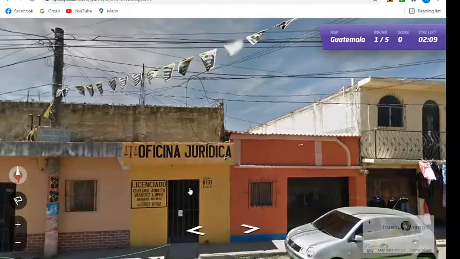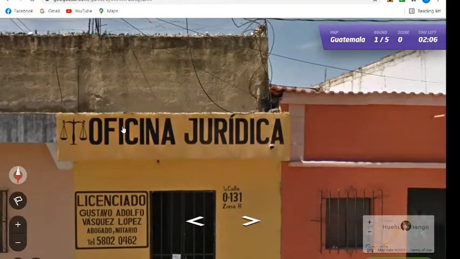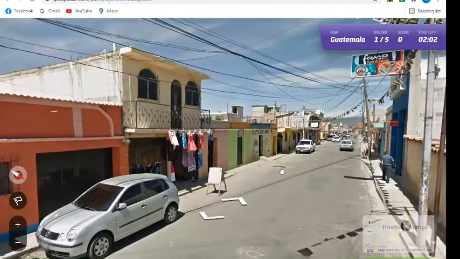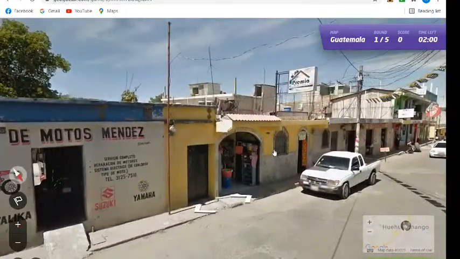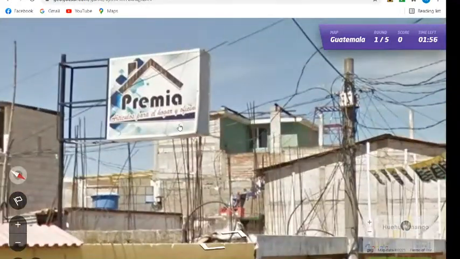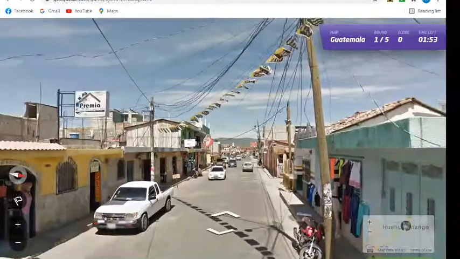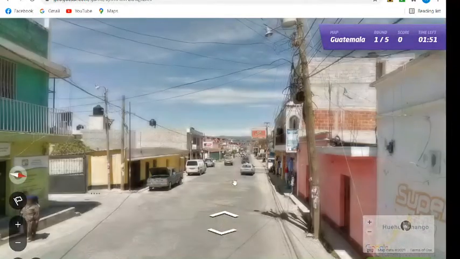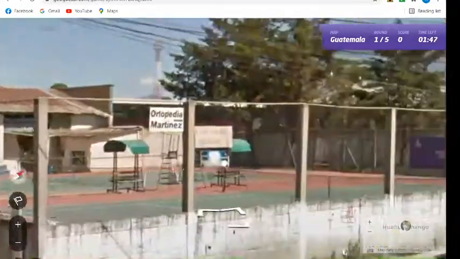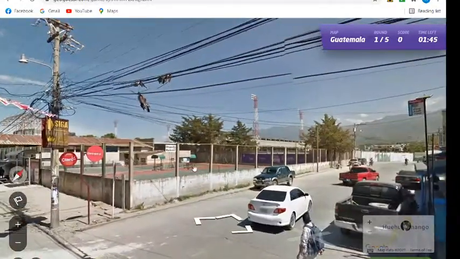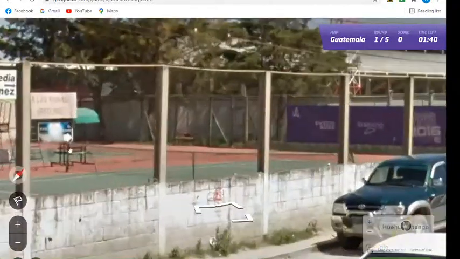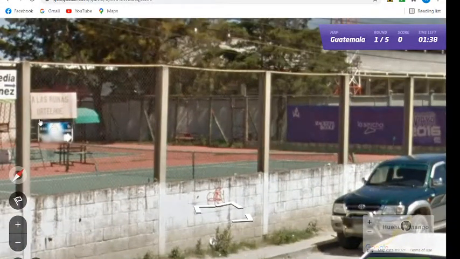Okay, we're seeing, for instance, here Oficina Jurídica, the legal office, which kind of suggests maybe we're close to downtown. Wait, was that no? Wait, a las ruinas Ortelwe.